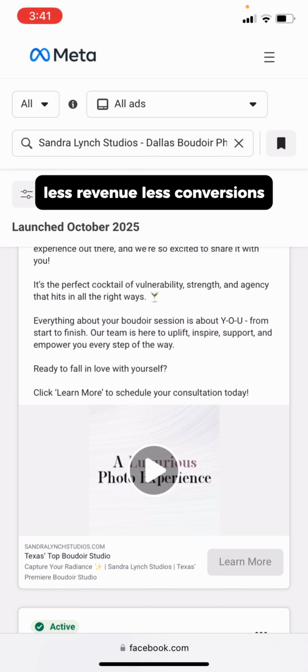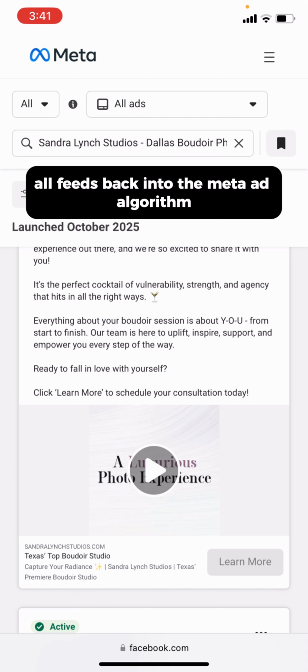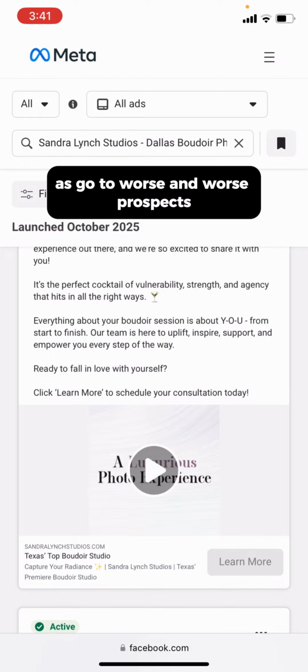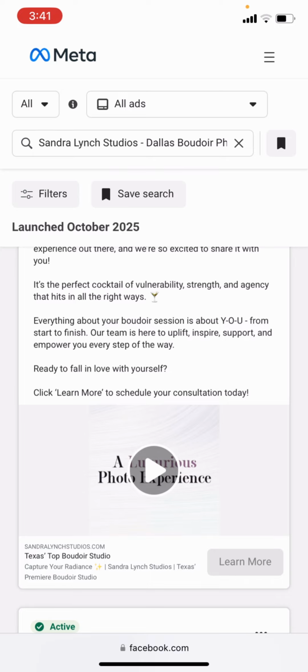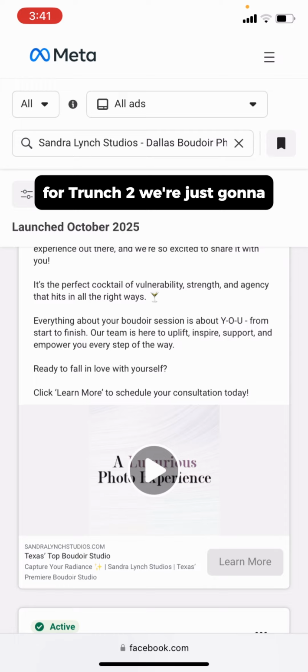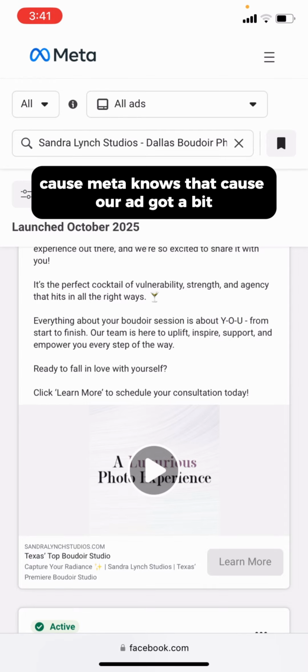Less sales, less revenue, less conversions, all feeding back into the Meta ad algorithm, so you get worse and worse prospects for tranche two, who are going to convert worse right off the bat before even seeing our ad. Meta knows that. So our ad got a low Meta ad score from the first tranche.